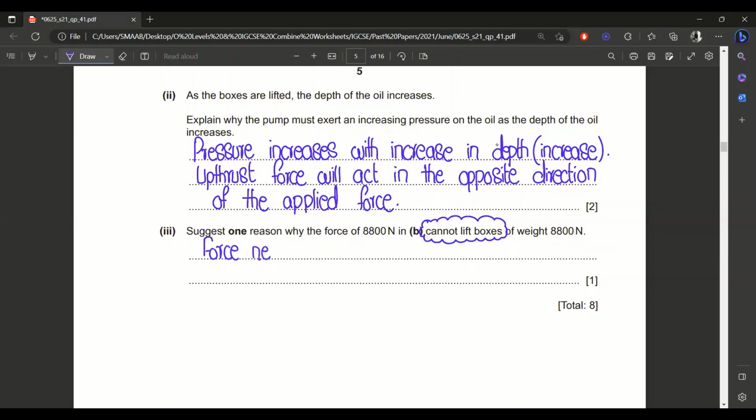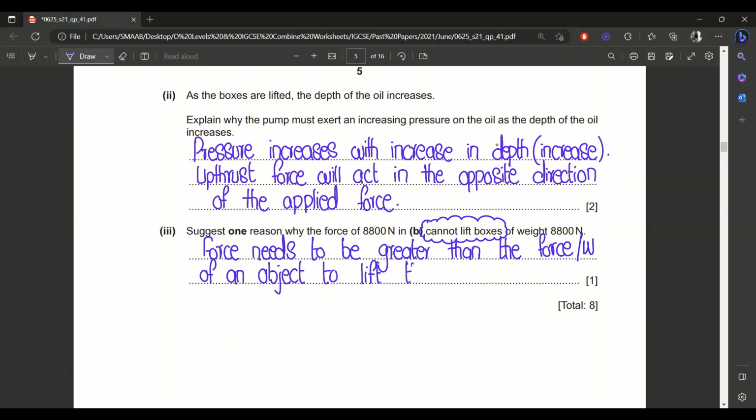Force needs to be greater than the force or weight of an object to lift the boxes in upward direction, right?